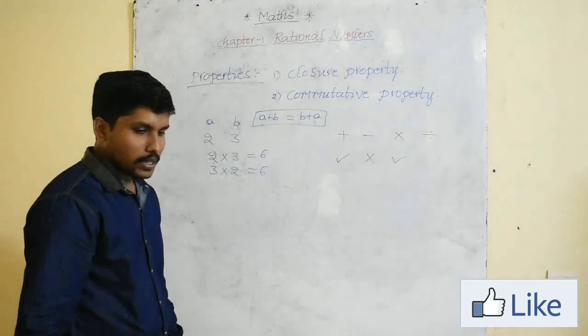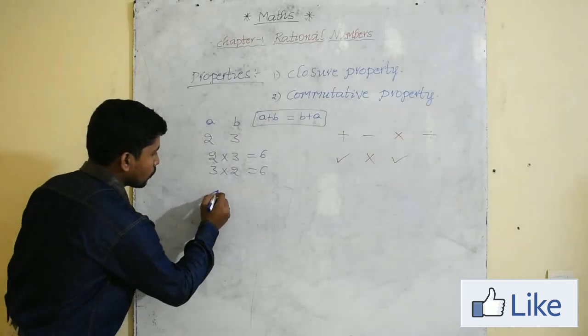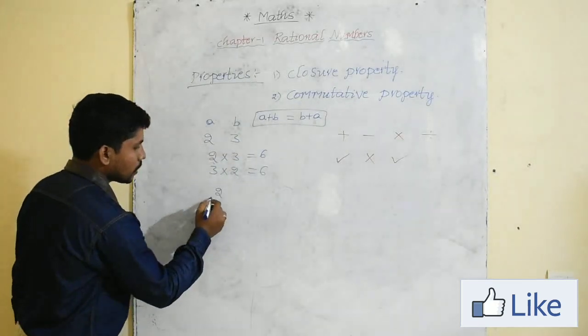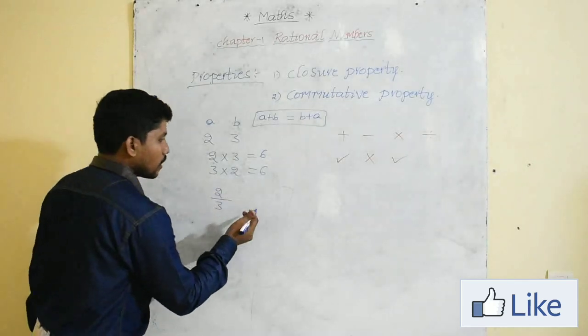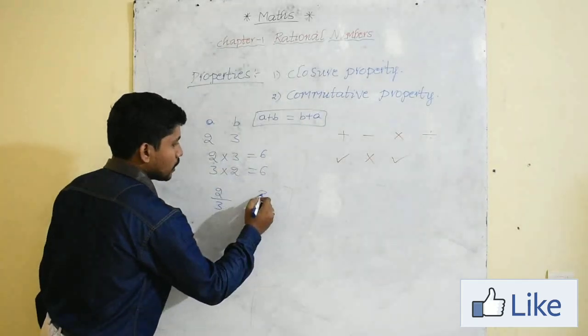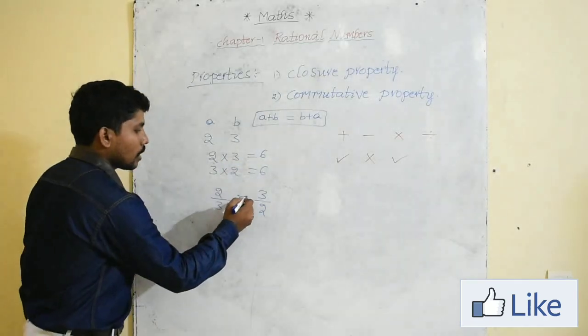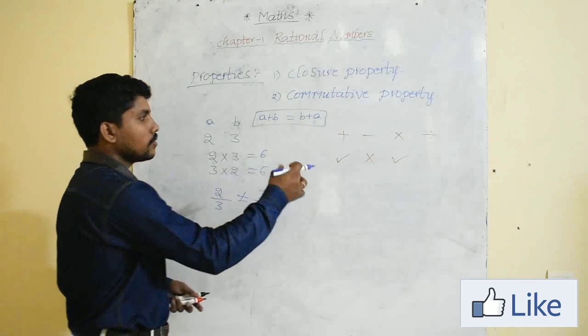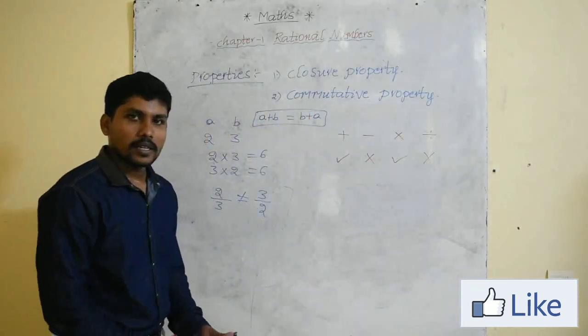So let us see for division. If I take the same numbers 2 and 3, if I divide 2 by 3, I will get the result 2 by 3. And on interchanging, if I divide 3 by 2, I will get a different result. These two are not equal. So under division, the commutative property won't be satisfied for rational numbers.